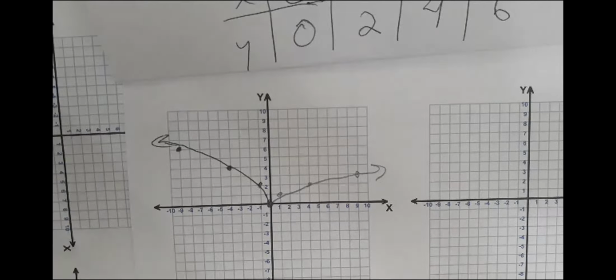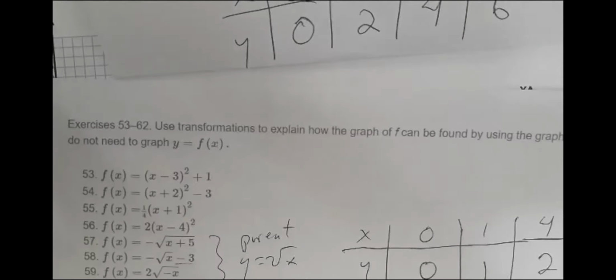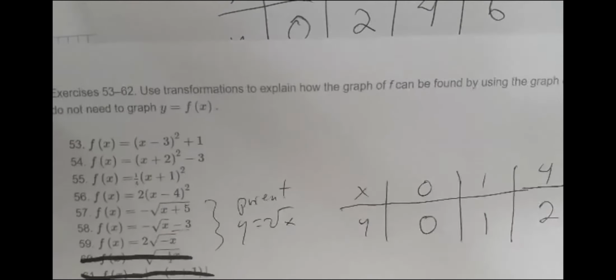So pretend you're doing, let's go back to 58, because I think this might be a good example. Pretend you're doing 58 on a homework problem and you have no idea what you're doing, or you know a little bit but you're not sure which one to do first. Because if you flip it and then move it down, it's going to be different than if you move it down and then flip it.